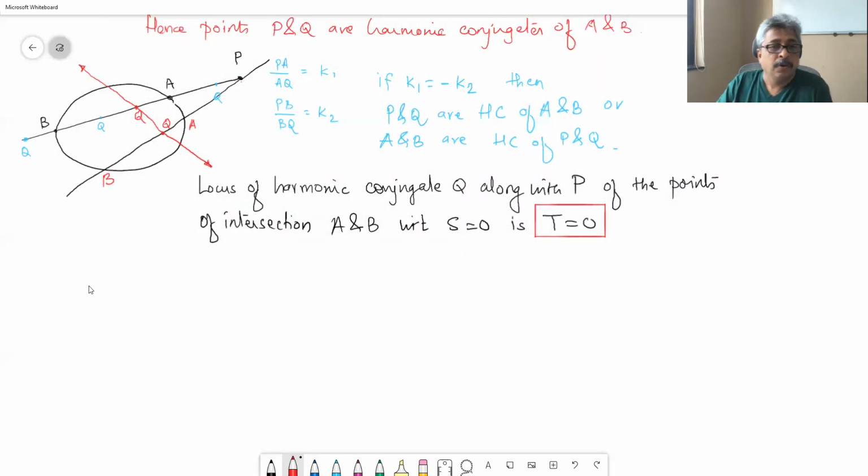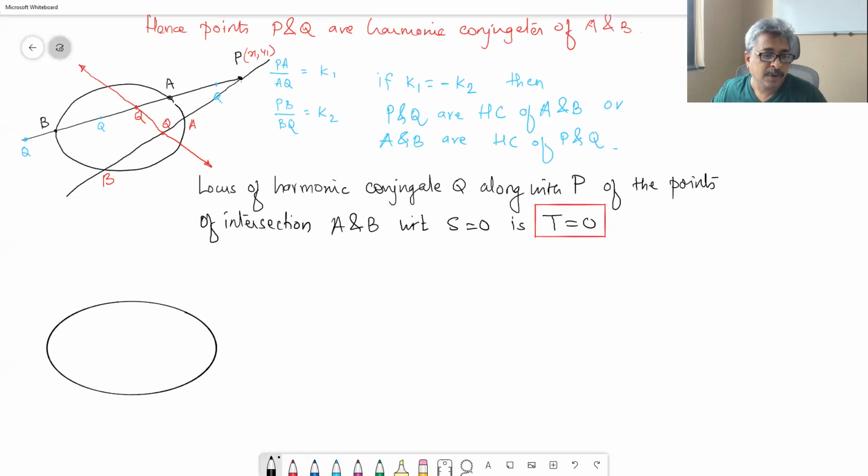Now let this P be x1, y1. Let me make a new diagram because I have spoiled that diagram. This is my conic, this is my P, this is point A, this is point B, and suppose there is a point Q here.